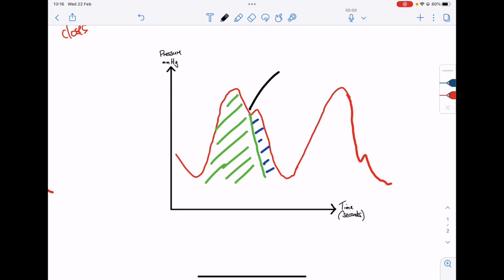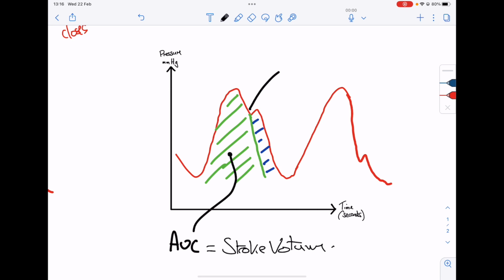So why is this relevant? So the area under this curve, AUC, is equal to stroke volume. Okay, first useful, interesting bit of information. The second bit of information that can be gleaned slightly more visually than the area under the curve, which really a computer should be doing, is the gradient.